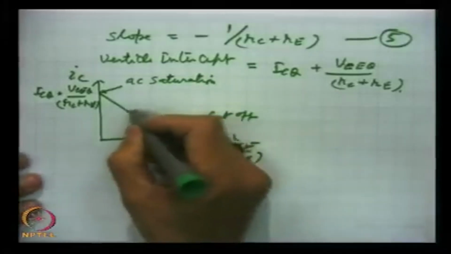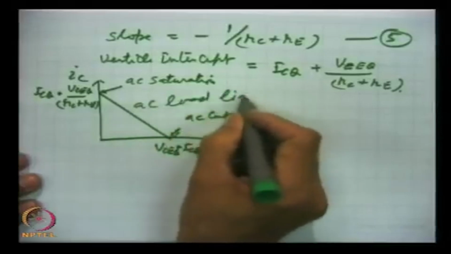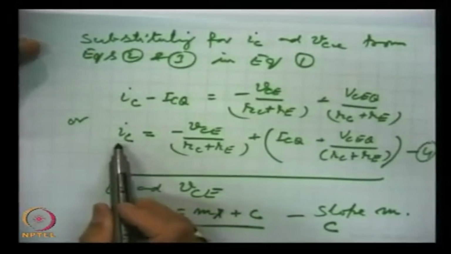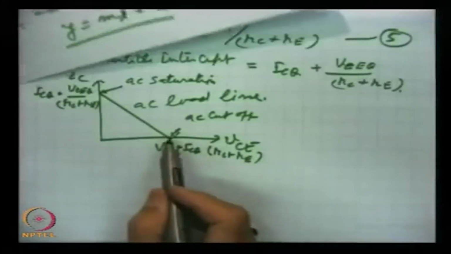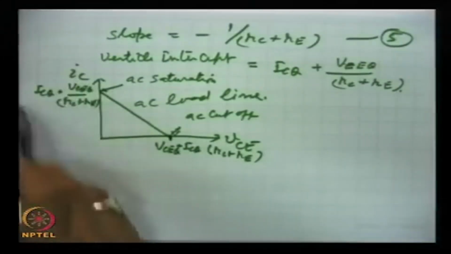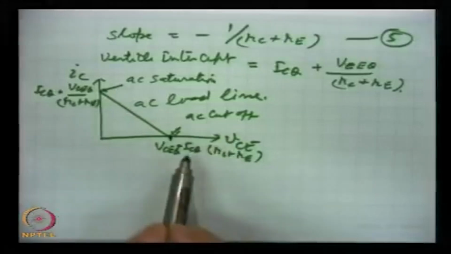This is the AC load line, and in this expression, by putting IC equal to 0, we get this point. Here IC is 0, and if we put VCE is 0, then we get IC equal to this much. So this is the saturation point and this is the cutoff point.